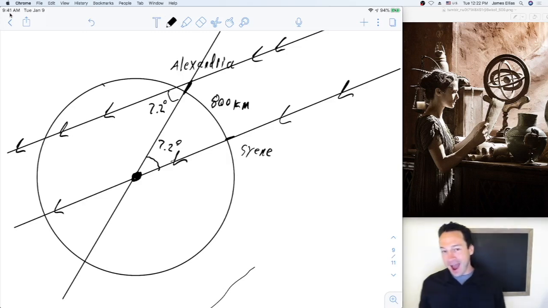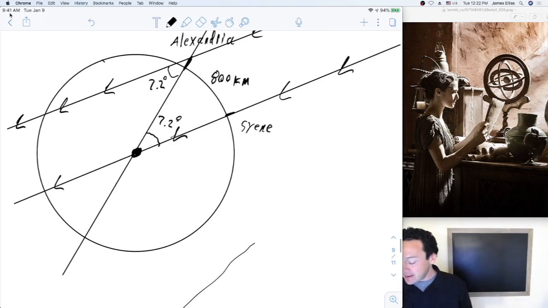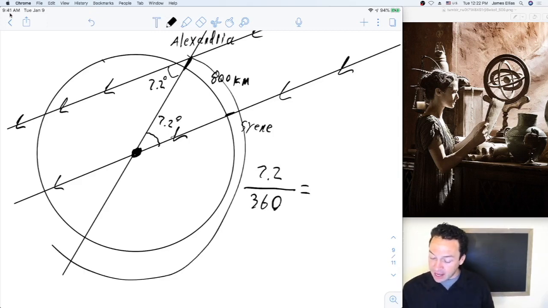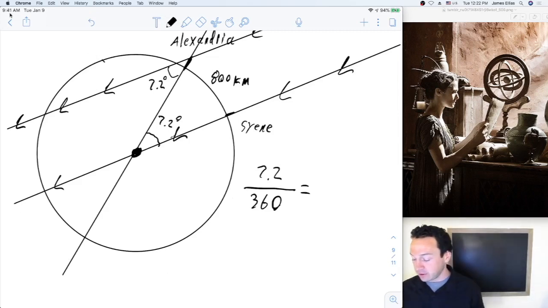Okay? Now, he's measured a small portion of the surface of the Earth, right? Now, here's the deal. He knows that this 7.2 degrees can be thought of as 7.2 degrees out of the entire Earth's circumference, right? It's just part of the Earth's circumference.